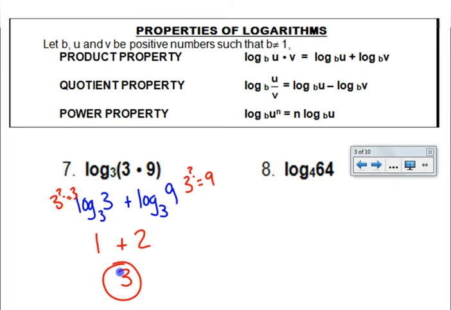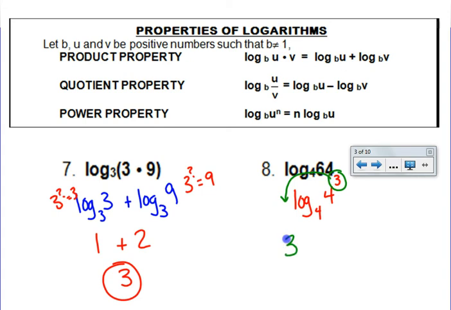Now number 8 is just log base 4 of 64. So just to show some property, I need you to rewrite 64 as something else, whether it's a multiplication, a quotient, or a power, I don't really care. Just for fun, I'm going to write 64 as 4 to the 3rd power, because that is 64. And I'm going to use the power property, which says this power comes down in front.